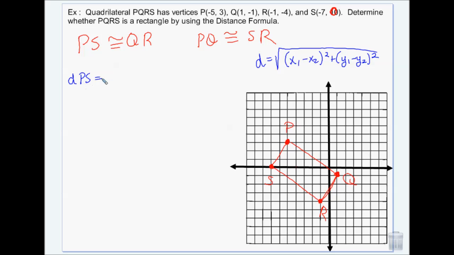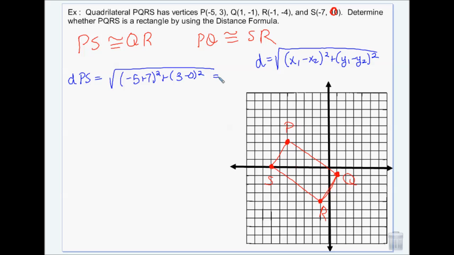Okay, so the distance of PS is -5 plus 7 squared plus 3 minus 0 squared.